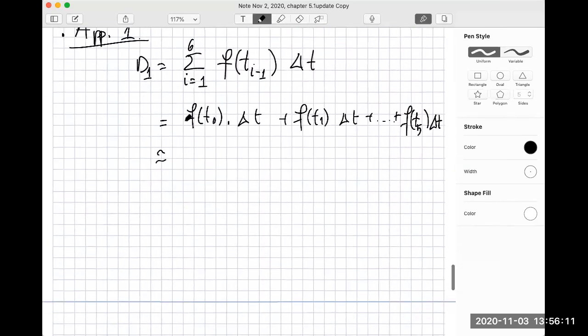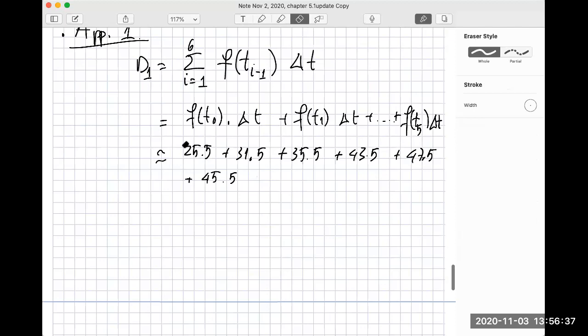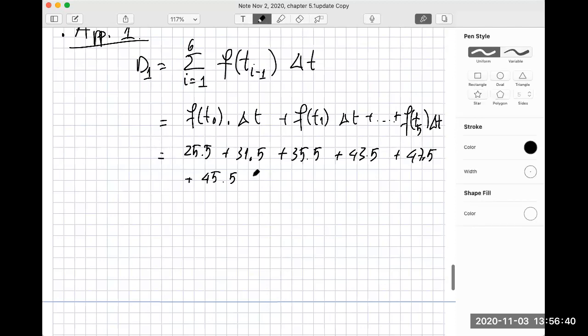It will be 25 times 5 plus 31 times 5 plus 35 times 5 plus 43 times 5 plus 47 times 5 plus 45 times 5, and it is 1130 feet. Okay.